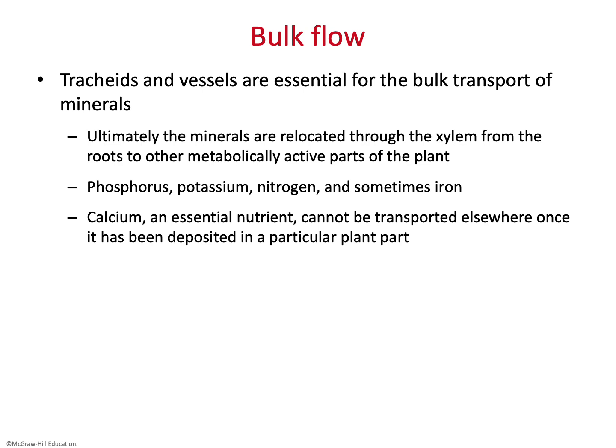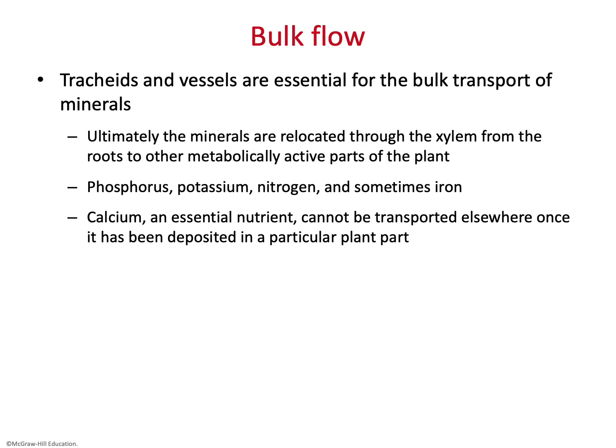So let's look into bulk flow of water and minerals through xylem. We know that tracheids and vessels are not only transporting water, they are essential for the bulk transport of minerals. Minerals are actively transported into the roots and move through the xylem to other metabolically active places of the plant.